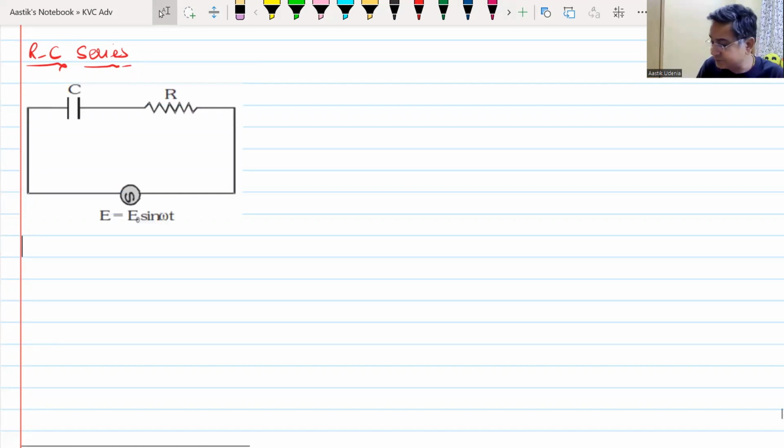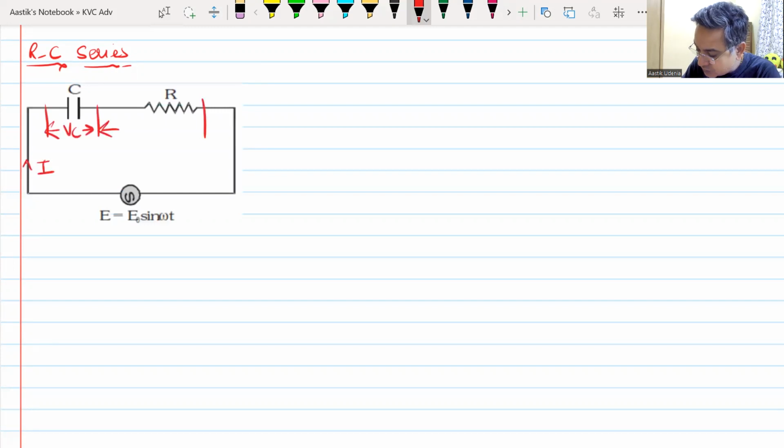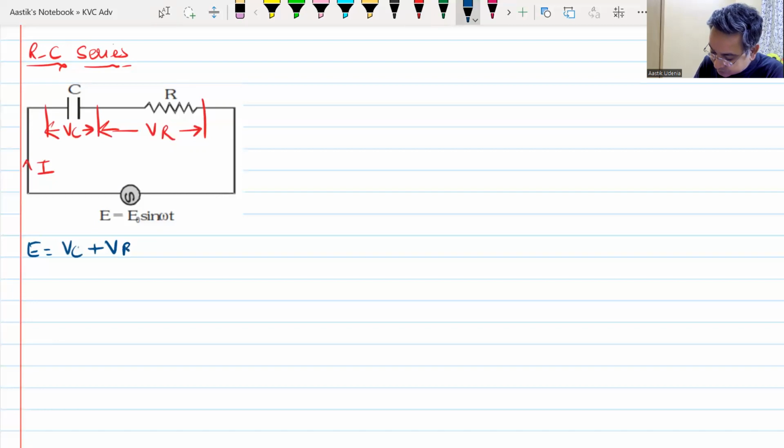You will have a circuit like this. Current in the circuit will be I. The voltage drop across capacitor would be VC. The voltage drop across the resistor would be VR. And you can see this E will be equal to VC plus VR.